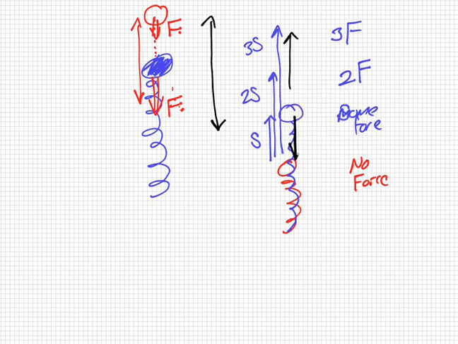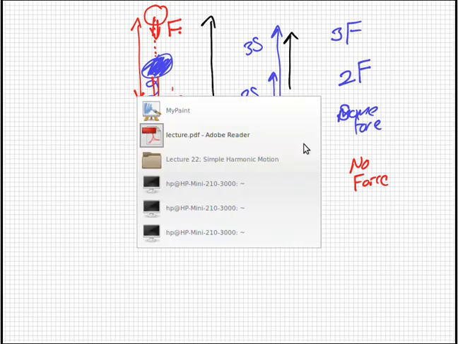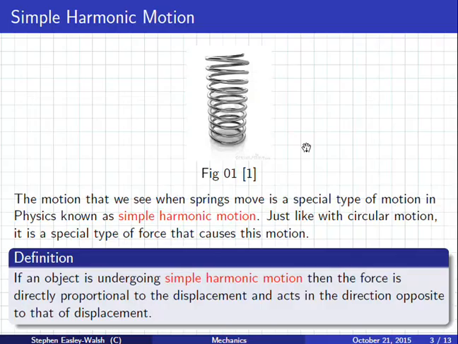The force is down. Which makes sense, think about it. If I pull the spring and let go, it wants to move this way. So that's what I mean in my definition. Proportional means the bigger the distance, the bigger the force. And opposite means opposite. The force is going the other way.